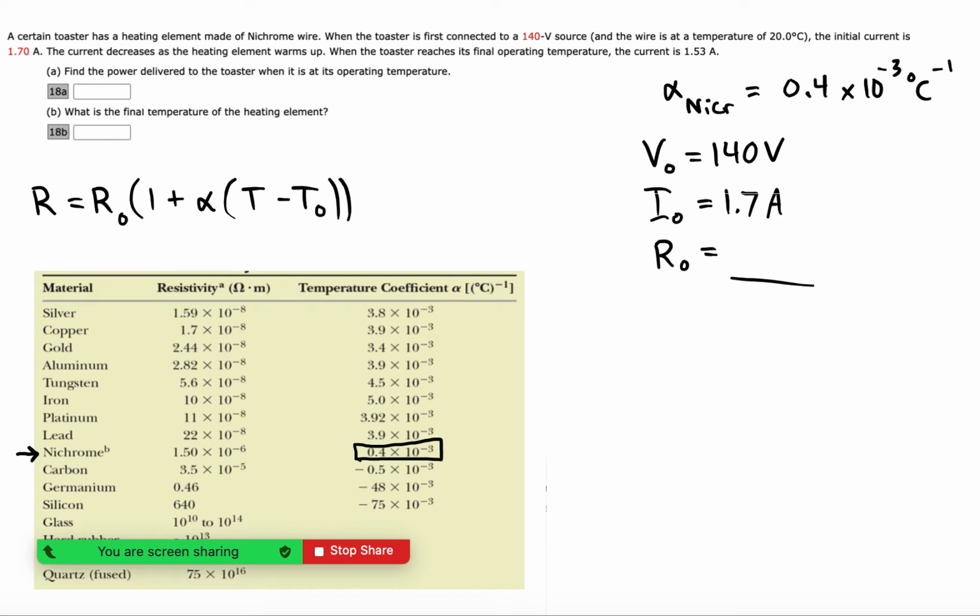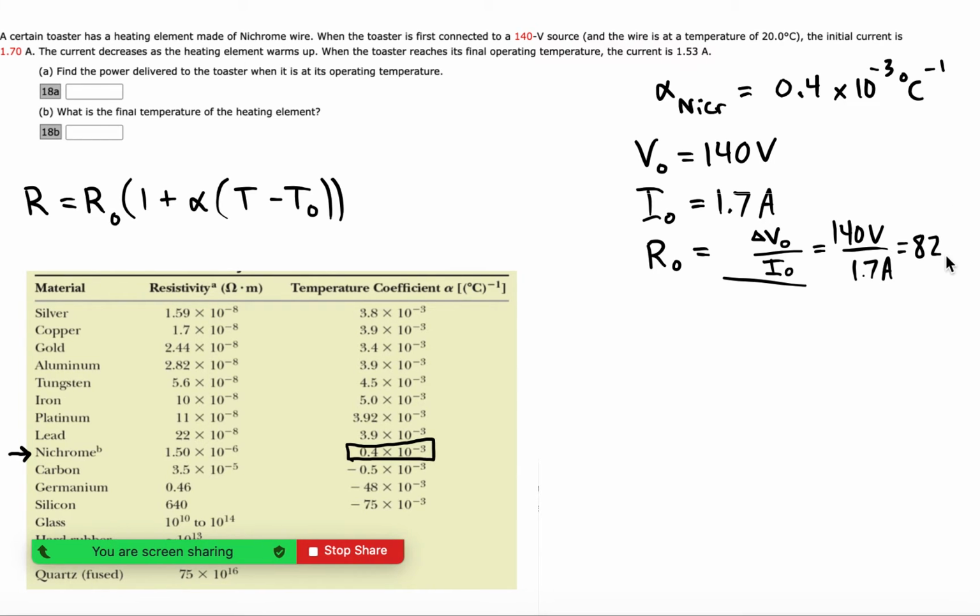So let's use Ohm's law to find it. So it's going to be delta V over I, which will be 140 volts over 1.7 amps. Looks like 82 ohms for this toaster.